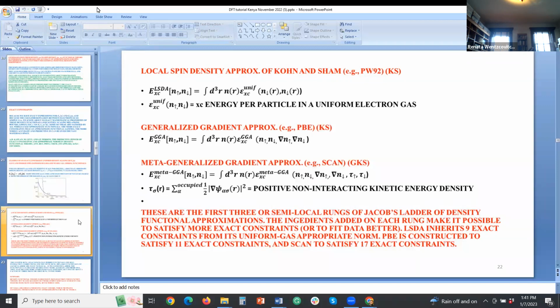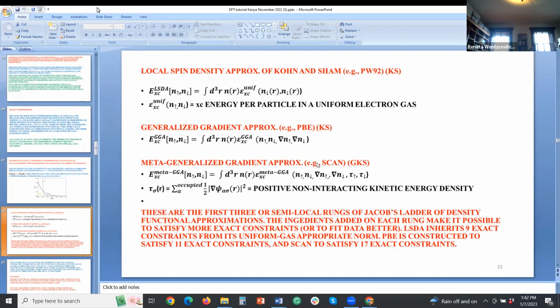So the LSDA is designed to be exact for all uniform spin densities, all systems of uniform spin densities. It's also very accurate for systems in which the spin density varies slowly enough over space. It turned out to be usefully accurate. It's actually more accurate than the Hartree-Fock approximation for most of the properties of molecules and solids. So it turned out to be a big advance.